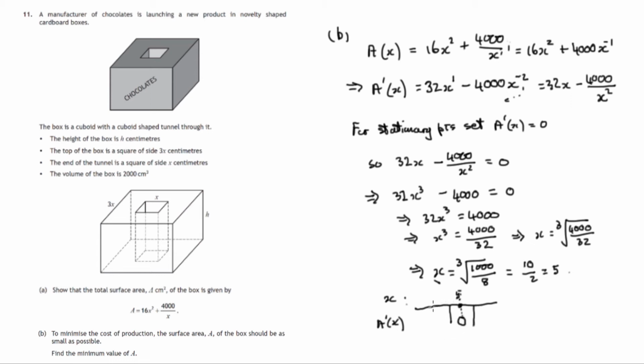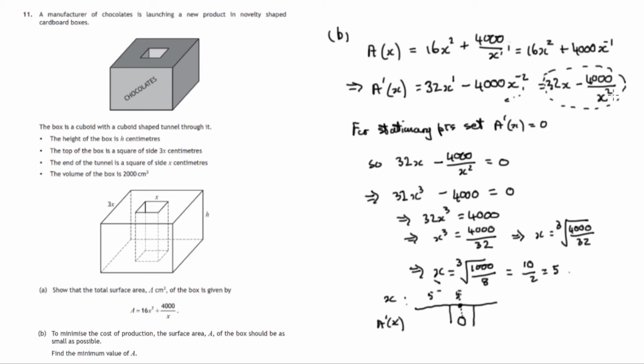Now, what happens to the left of 5, when x is a little bit smaller than 5? Suppose it was 4, for instance. Let's go up to this a dashed of x. This is the gradient. And let's look at this expression. Now, we know that 32 times 5 must be the same as 4,000 over 5 squared to get a 0.